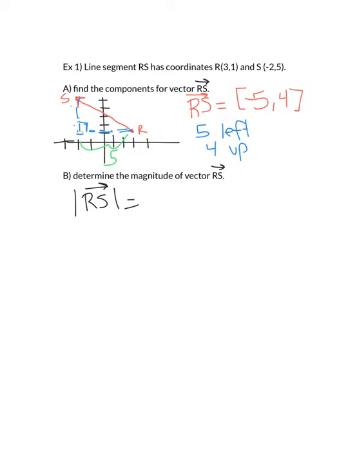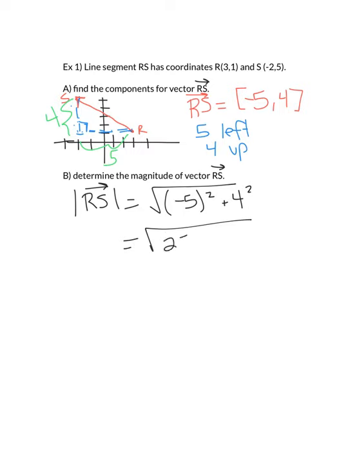I have this distance as 5 and this distance as 4. So the magnitude of RS is equal to the square root of (-5) squared plus 4 squared, which is equal to the square root of 25 plus 16, which is equal to the square root of 41.